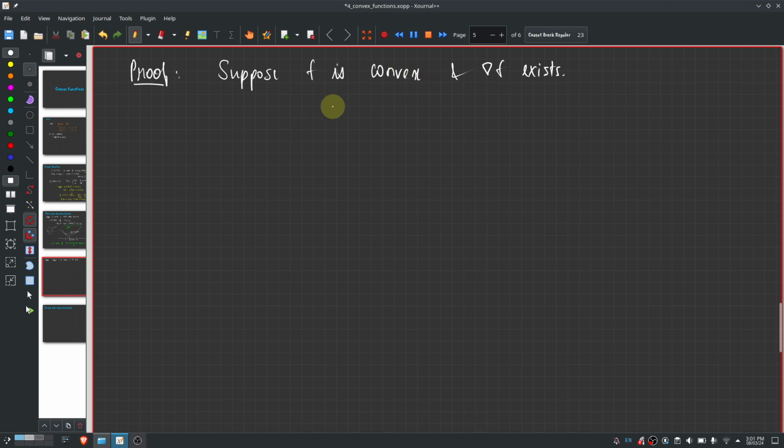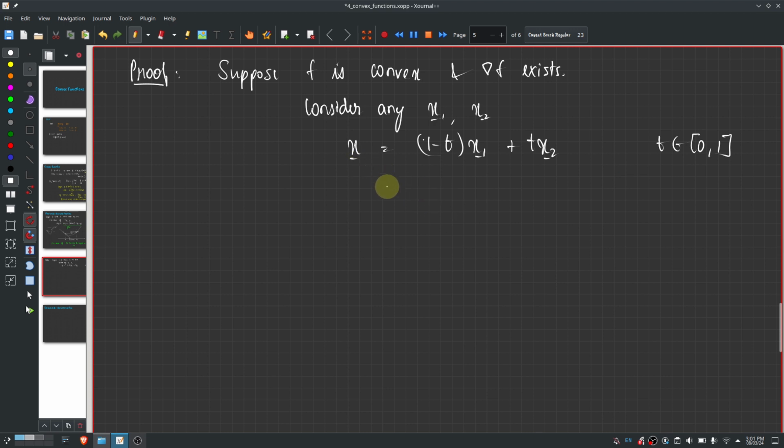We know that f is convex. Consider some arbitrary x1 and x2, and a new point x equal to 1 minus t times x1 plus t times x2, a convex combination for some t between 0 and 1.